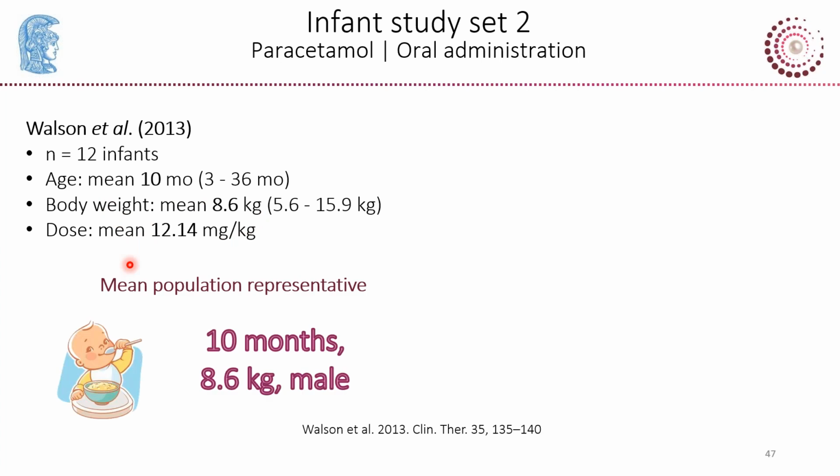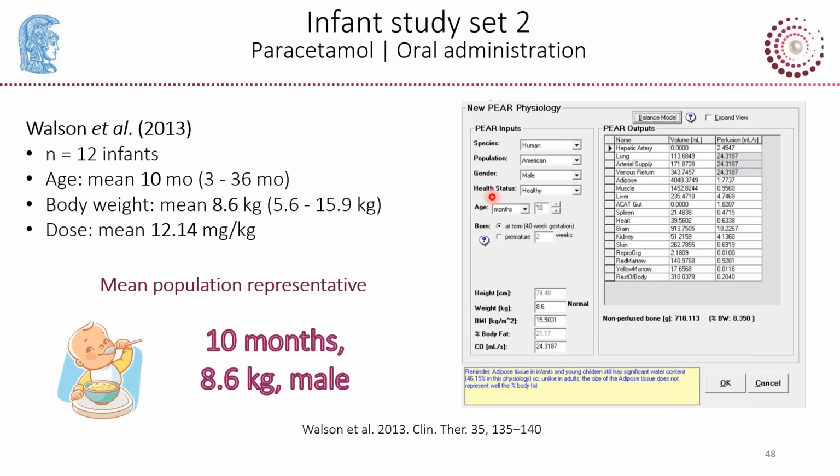Following the same way, we created our mean population representative physiology, and this was a 10-month-old, approximately 9 kilogram male. And again, using the PBPK physiology module, we created the respective virtual physiology with the tissues and organs.